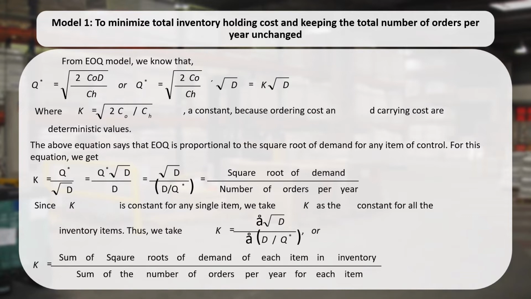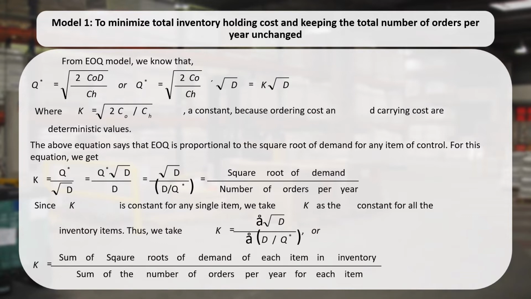When we take 2 CO upon CH, it can be kept as a constant, and D, the demand, can be kept as a variable. So it can be represented in a different format: Q star equals K multiplied by the square root of D. Why? Because the square root of 2 CO upon CH involves the ordering cost and carrying cost, which are deterministic values.